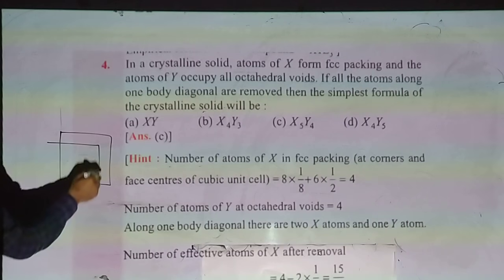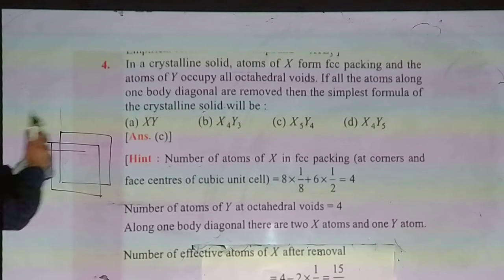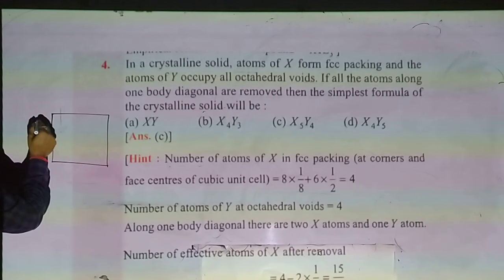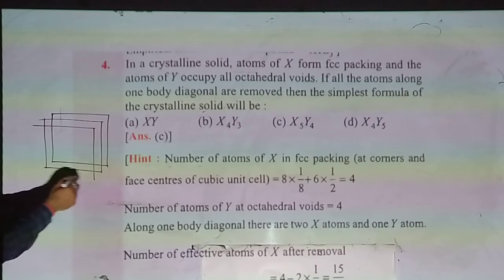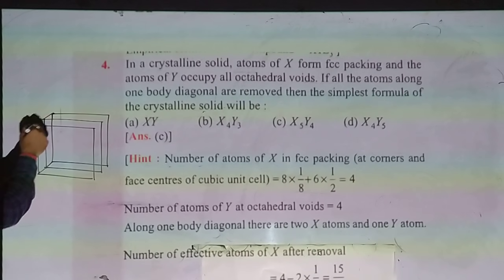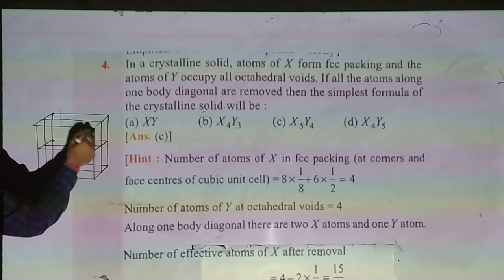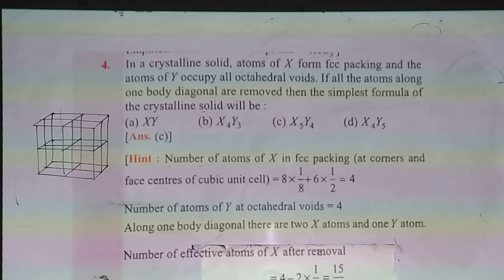First we have to take our unit cell like this. This one is our unit cell. X forms FCC packing and the atoms Y occupy all octahedral voids.